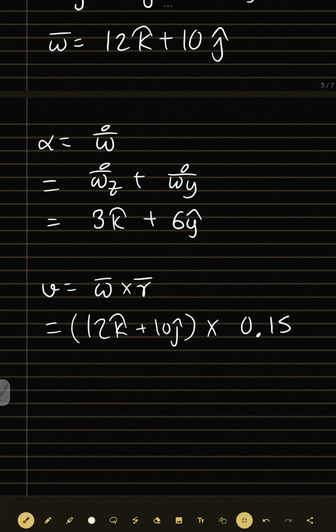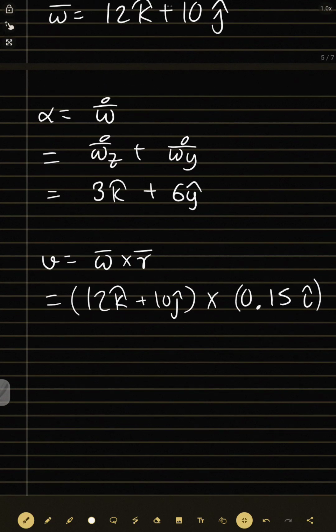Good. Maybe in the coming test we will see fewer figures. Okay, omega is 10 j cap plus 12 k cap. That is good. Then what to do? Next step.